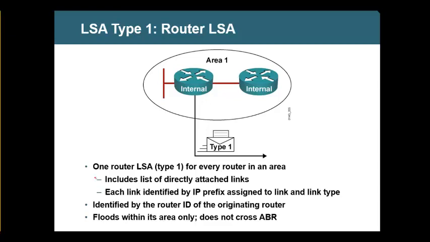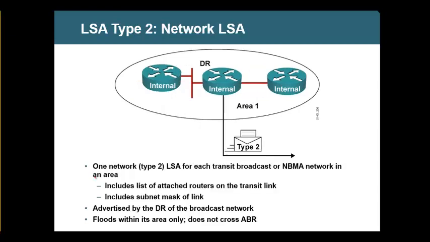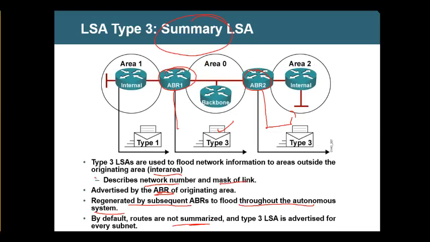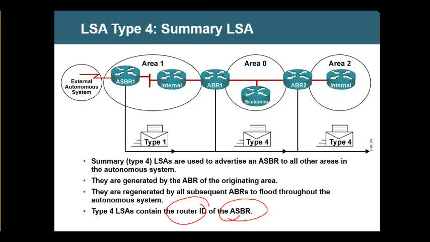For that, the ABR needs to convert type 1 into type 3, which is called summary LSA. In case you have multi-access, you also have a DR. So for the DR, there is a special advertisement called network LSA. Summary LSA is the one which takes one area's routes to the other area. Autonomous system summary LSA is the one which takes the location of the ASBR.